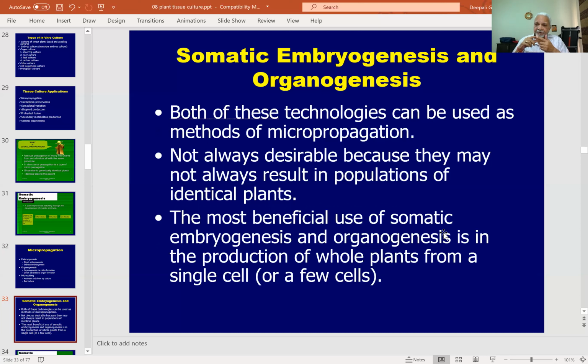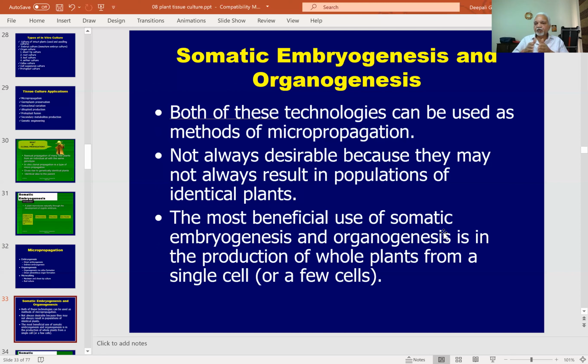So the point I raised, that the longer exposure of the plant cells or callus cultures to growth regulators does not always give you genetically identical plantlets. So if we can reduce this period of exposure of these explants or the callus cultures to growth regulators, that helps in getting genetically identical plantlets, because that is one of the objectives of micropropagation, to get genetically identical offspring or plantlets from the source.